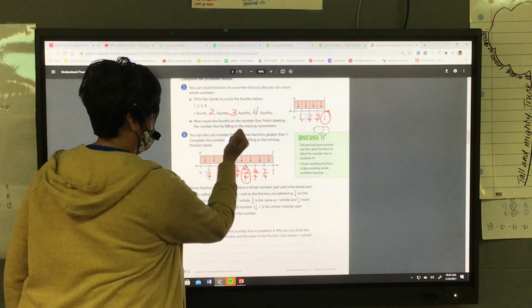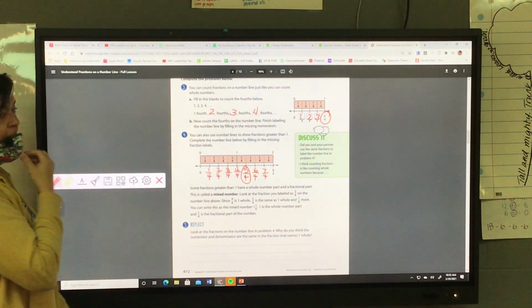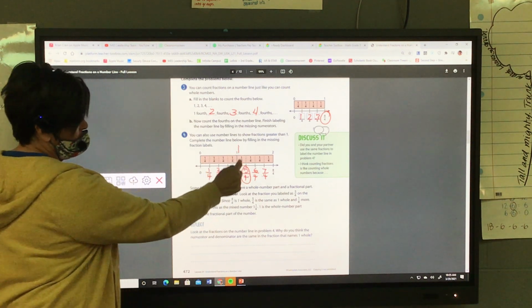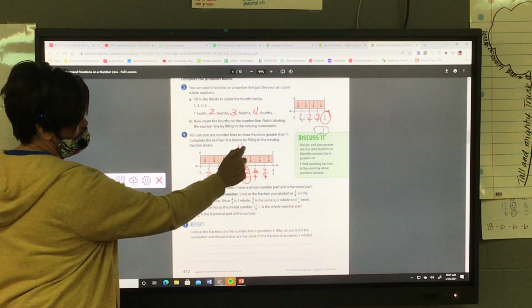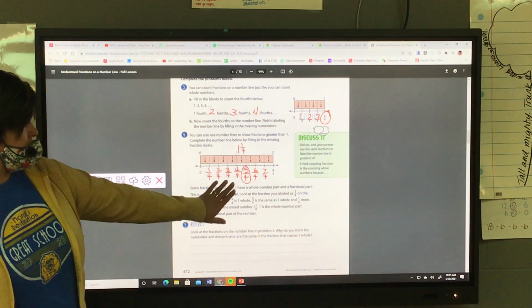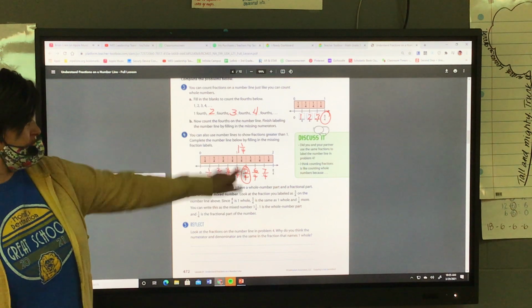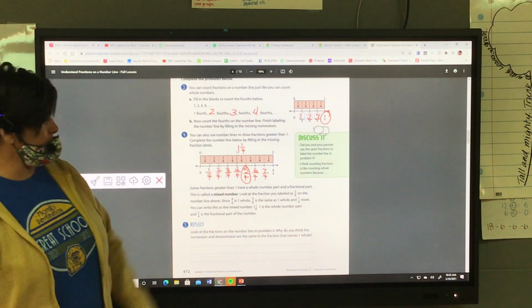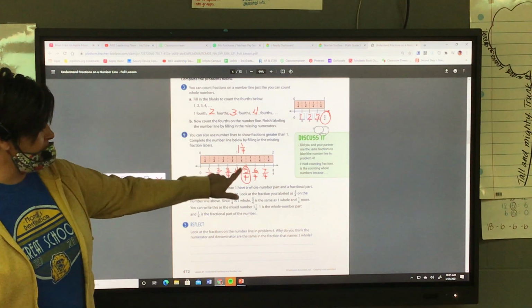So, I'm going to erase that. 5/4 is one whole and how many fourths? One. So as a mixed number, that's what this is that we just created.